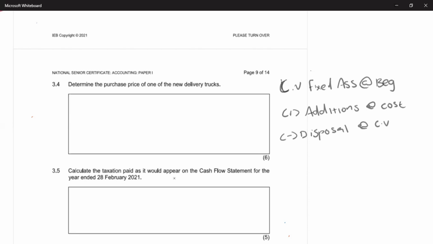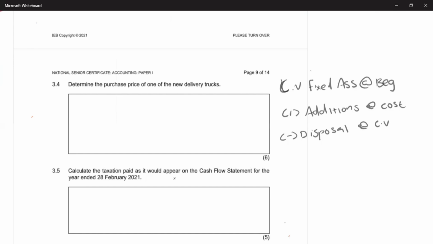Now remember, on cash flow, especially, there is a certain line item which says proceeds from disposal. So this is from your cash flow from, let me just think, investing activities, if I'm not wrong, right? Your cash flow from investing activities, there is a certain line item which says proceeds from disposal of fixed asset. They want your disposal at carrying value, right? Not the amount that you received.